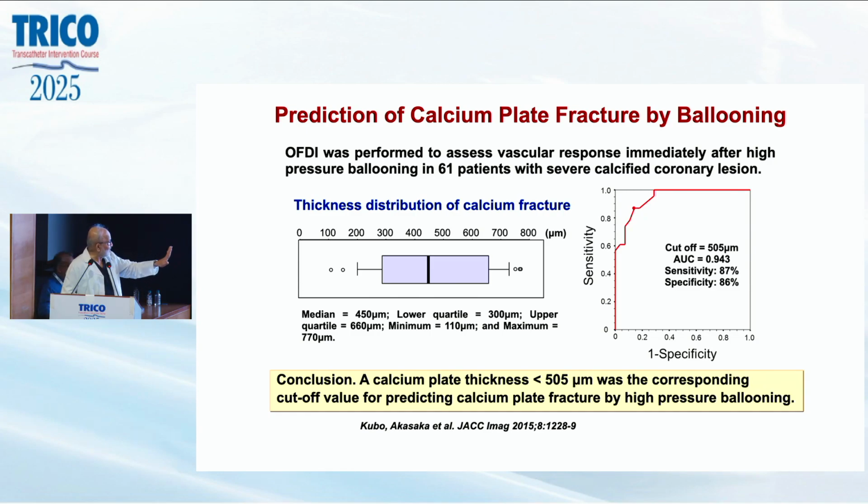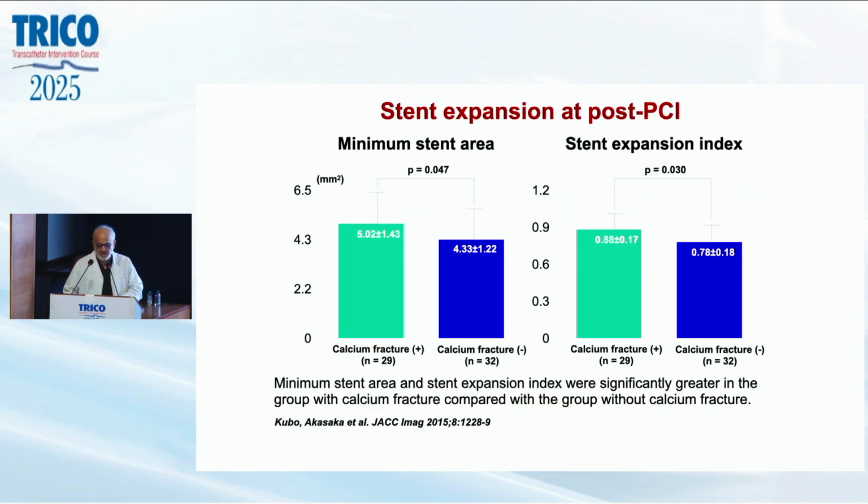Here it means that you don't require the sophisticated technology to be used. Otherwise, you have to use whatever, rotational atherectomy, orbital atherectomy, IVL, or whatever you want, and accordingly you have to try to deal with the calcium.